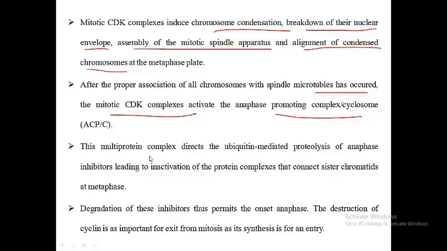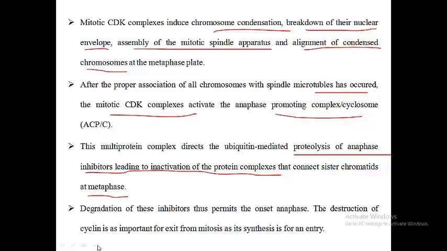The multiprotein complex directs the ubiquitin mediated proteolysis of anaphase inhibitors, leading to inactivation of protein complexes that connect sister chromatids at metaphase. Degradation of these inhibitors thus permits the onset of anaphase.